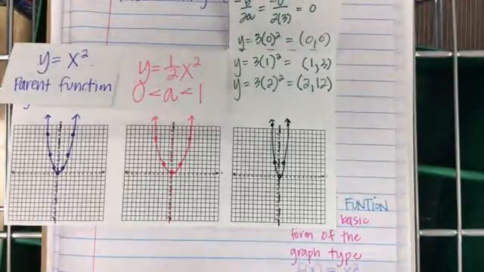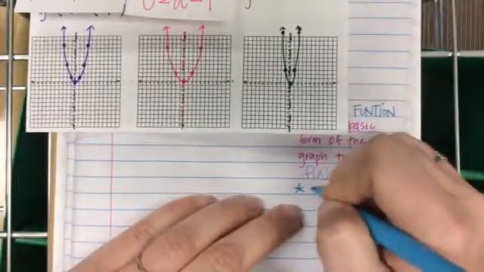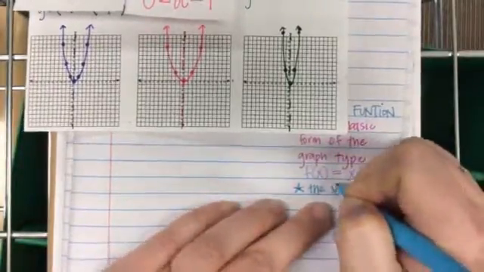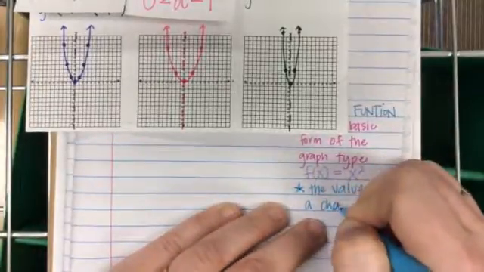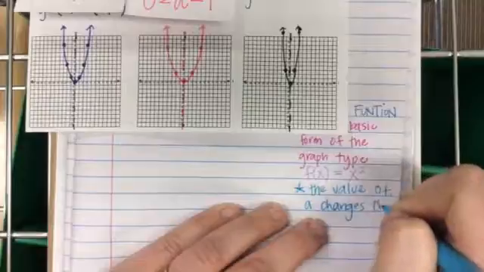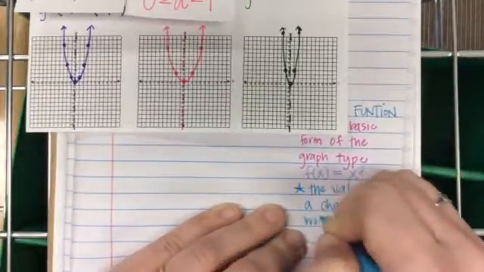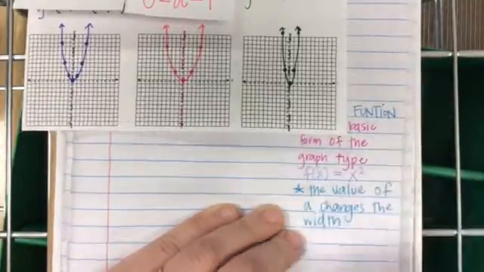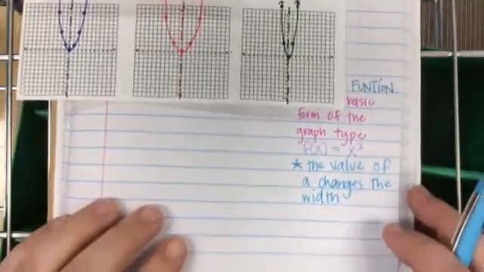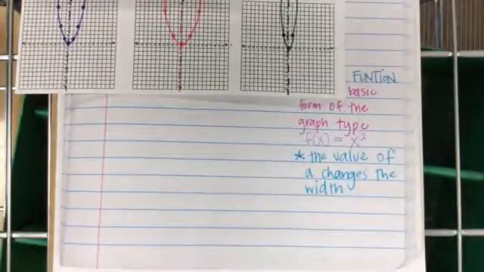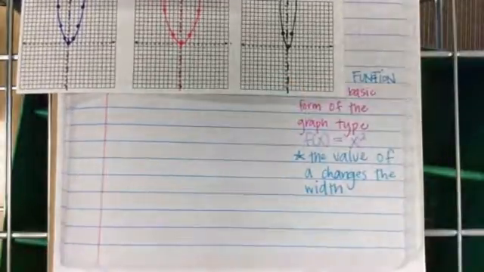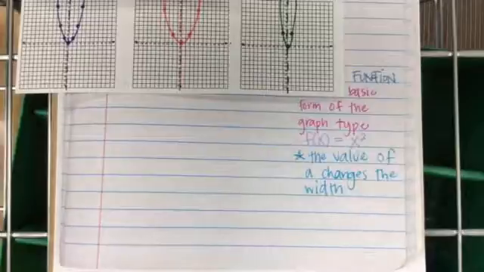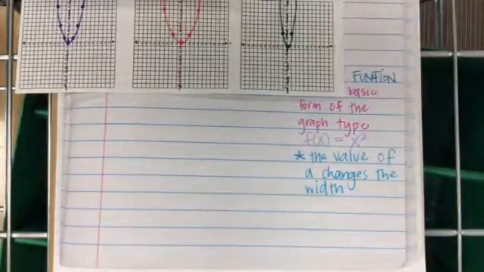The width. The value of A changes the width.